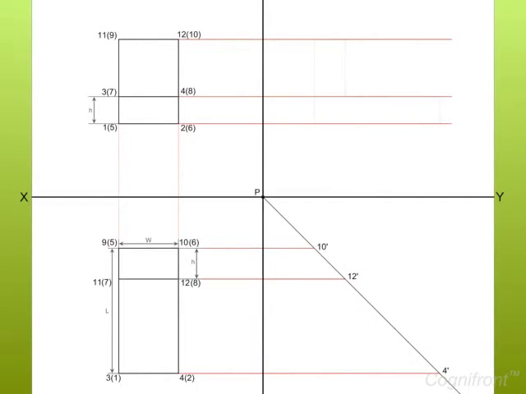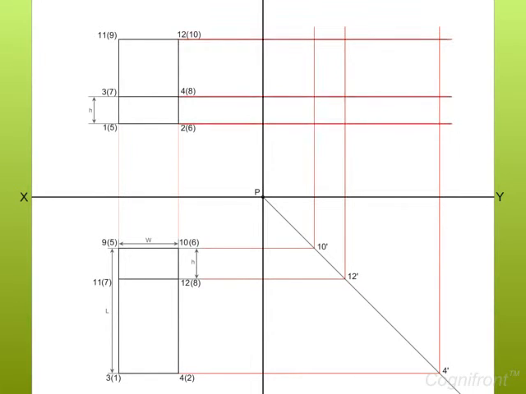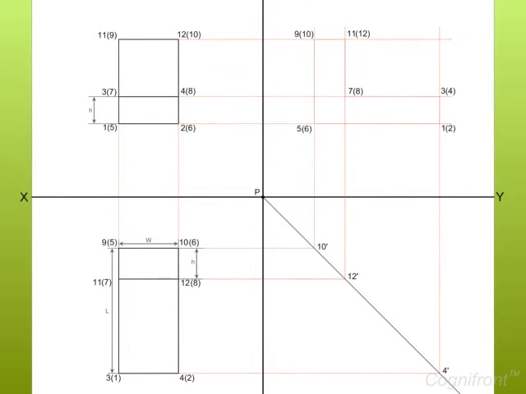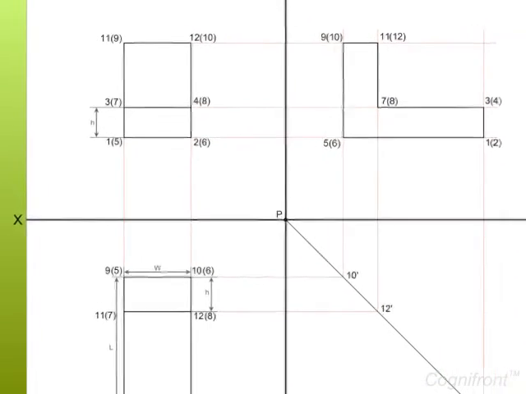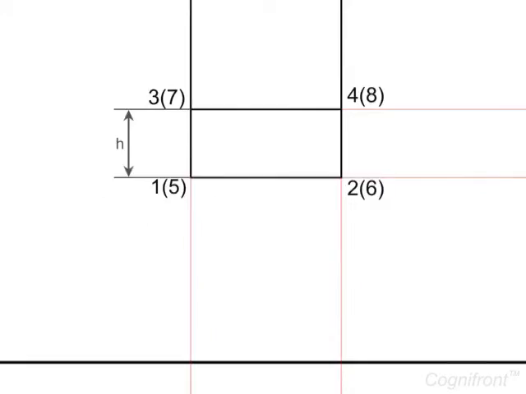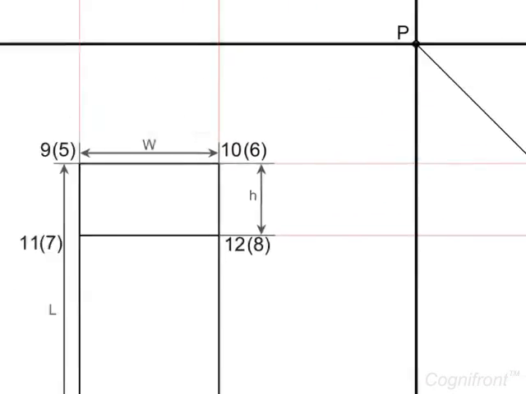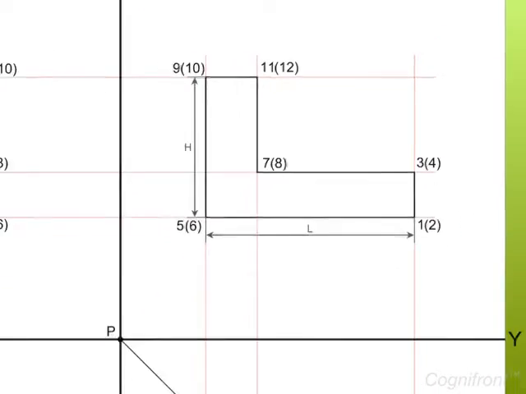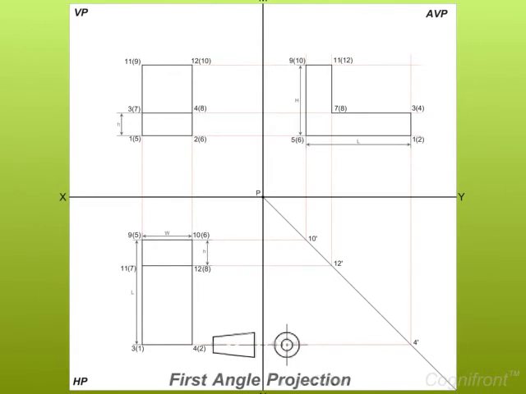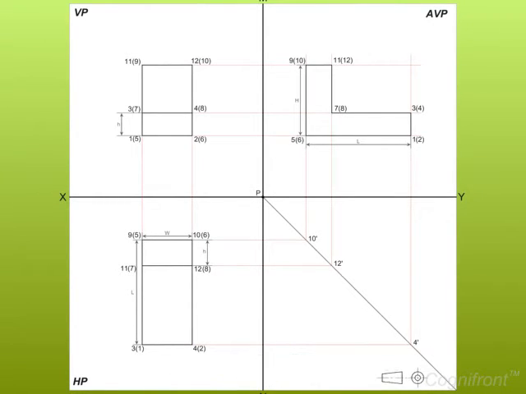From points 10', 12' and 4', vertical projectors are drawn upwards to meet these horizontal projectors. Join intersecting points to form the side view. This is the complete set of orthogonal views of this object. Finally, draw the first angle projection symbol at the right bottom corner.